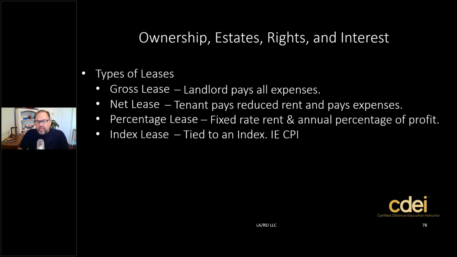So in other words, if the CPI index rises every year a certain percentage, you tie your lease to that index. Okay. So let's say, for example, if I own a commercial building and you want to rent it from me for 15 years, well, you wouldn't come in and do a net lease at, and I'm going to make up a number here, $2,000 a month for 15 years, because over 15 years, the cost of inflation goes up.